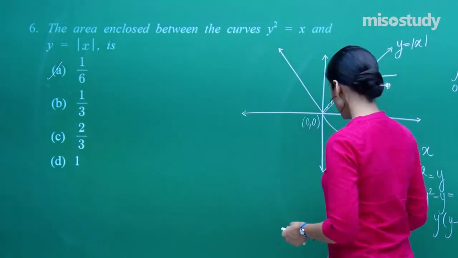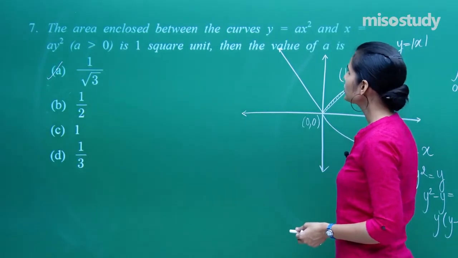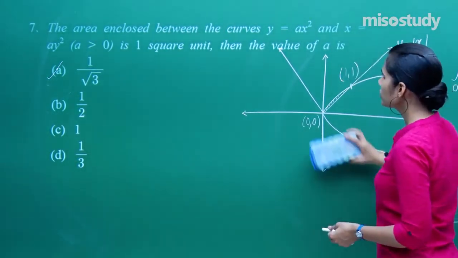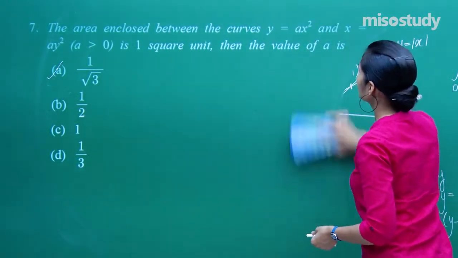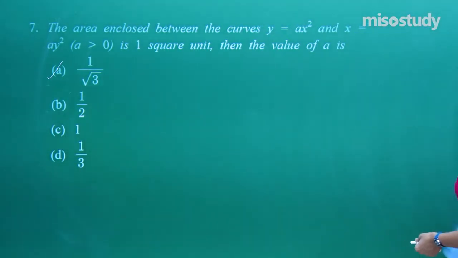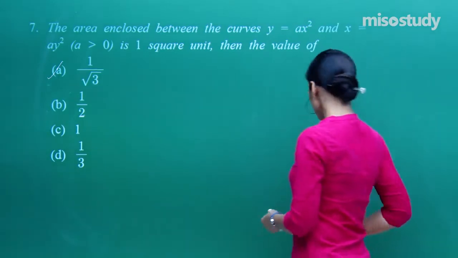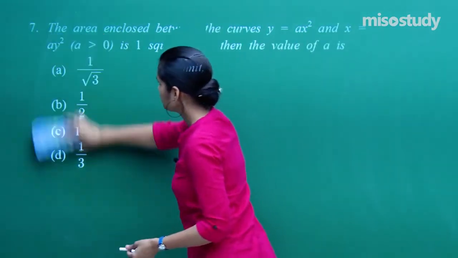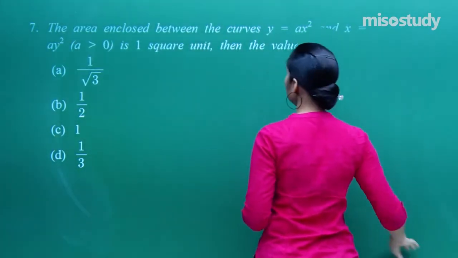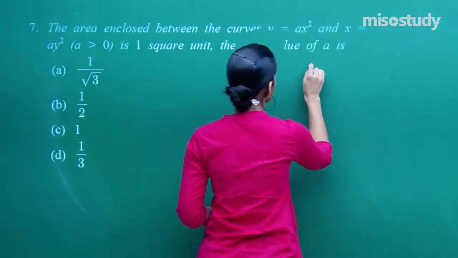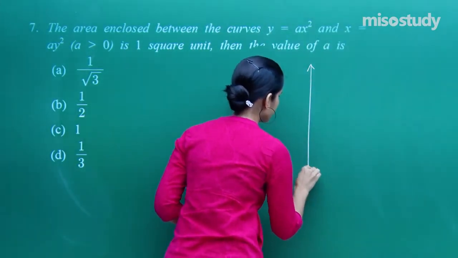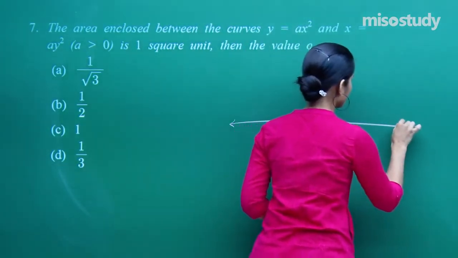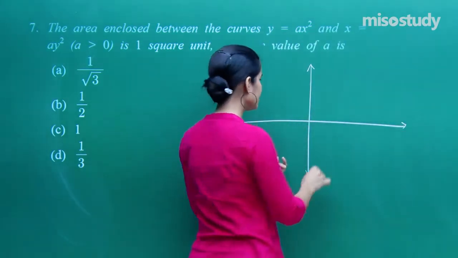Clear? Next question says that the area enclosed between these two curves is already given to you as 1 square unit. Find a. Okay. So two curves are given to me in this question. Y equals ax square and x equals ay square. Fine.